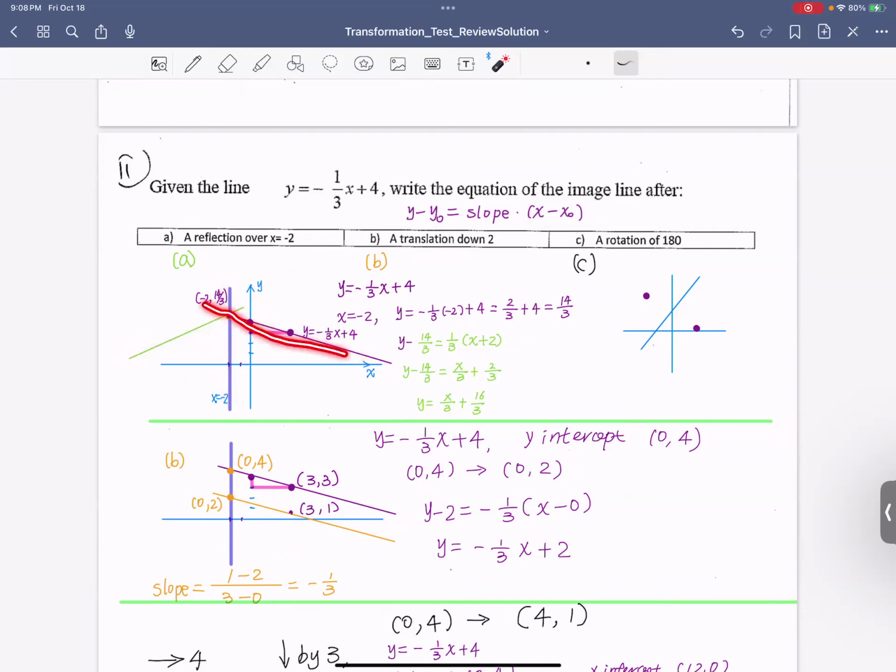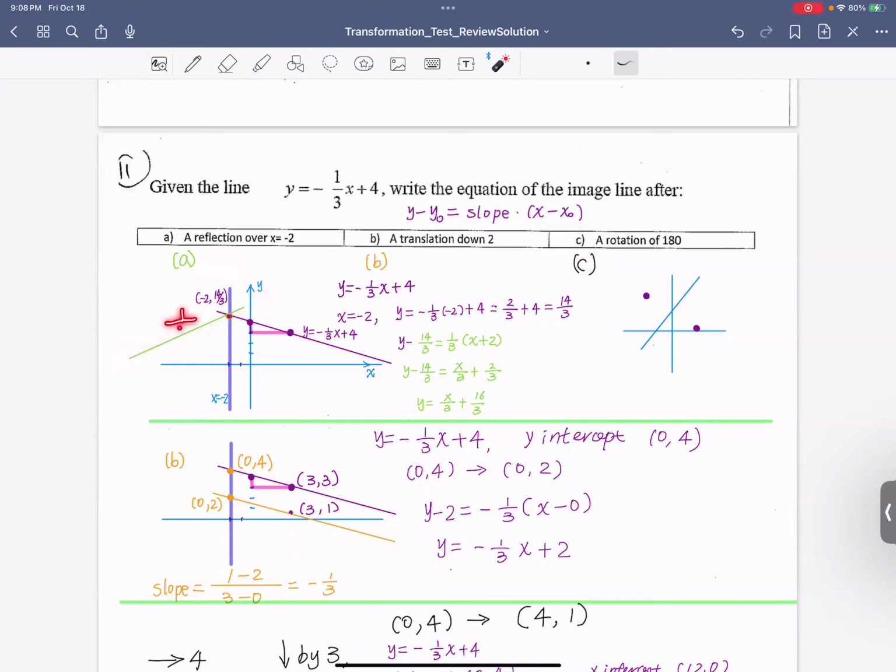This line's slope is how much? Negative 1/3, right? After the reflection, you think the new line's slope will be? 1/3. Yes. When you reflect over a vertical line, the new one and the old one have slopes that are negative to each other.